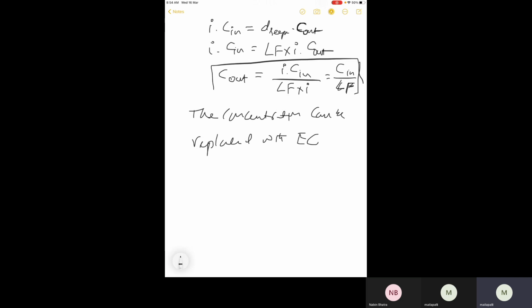So that means EC of the drainage water, let's say ECD, that's the drainage water, this will be equal to EC of irrigation water divided by LF. Let's say this is equation number 1.